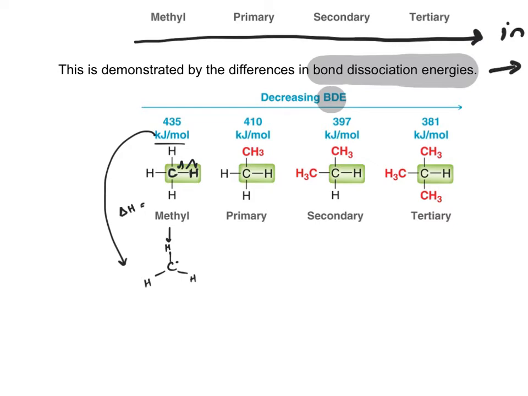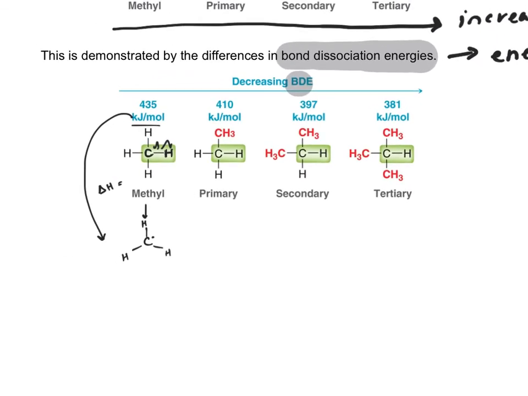We can compare that with this molecule over here, where we have carbon, carbon, carbon. This is 2-methylpropane. We can look at this carbon-hydrogen bond, and break that bond homolytically.